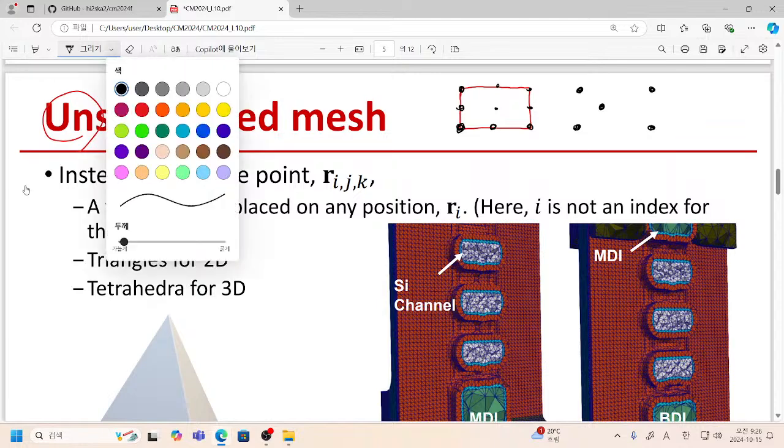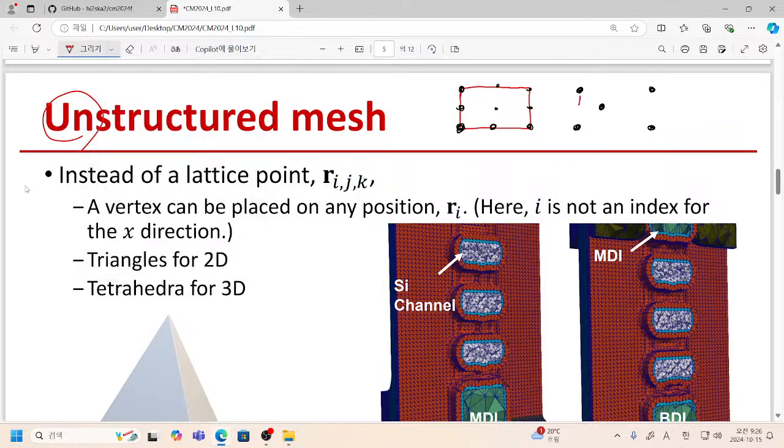However, let me give you a counter example. For example, if we say that, okay, this is just a discretization of this system, this V-like domain is discretized with 5 points. If I say so, can you make any counter argument against me?